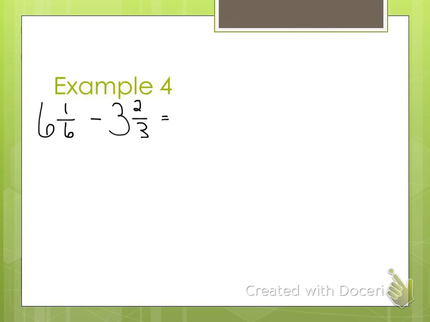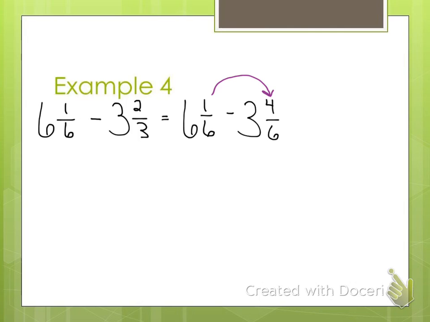What's our LCD going to be? 6. Very good. So do I change 6 and 1/6 at all? Nope. Just leave it. And 3 and 2/3 becomes 3 and 4/6. Okay, but now I have a problem because I cannot do 1 minus 4 without ending up in a negative. So I have to borrow.